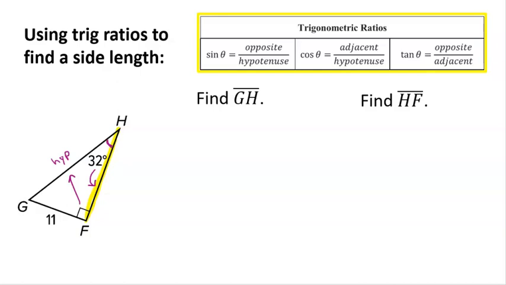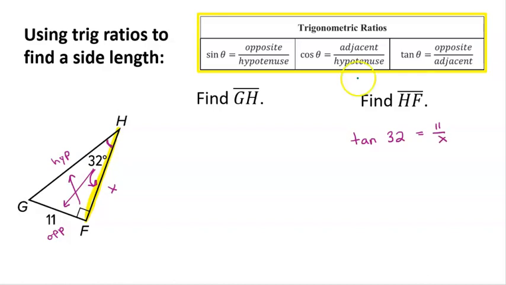So with this one, that's going to be our tangent of 32. So tangent of 32 is going to be opposite, which is 11, over our adjacent, which is now going to just become x.